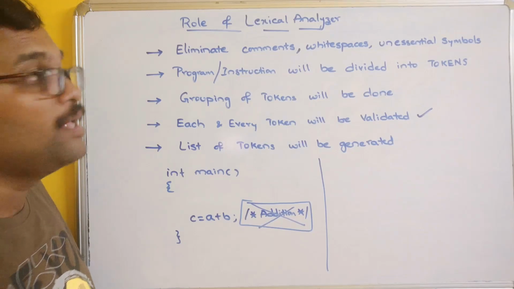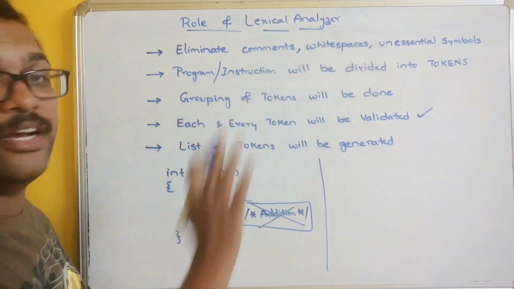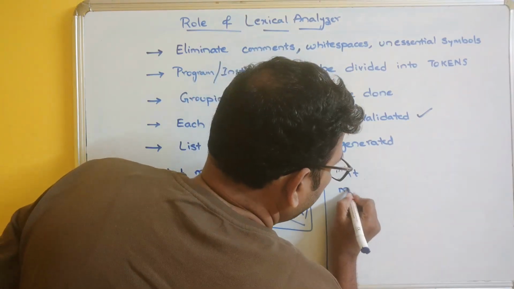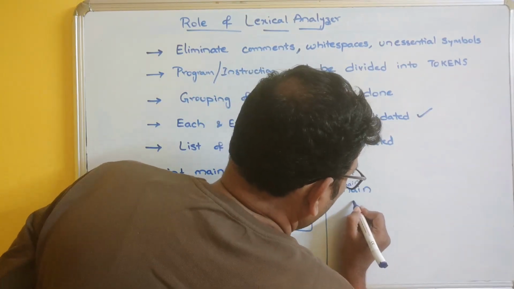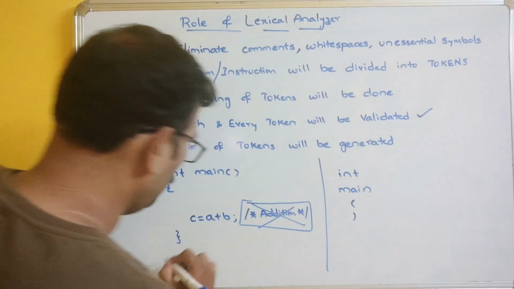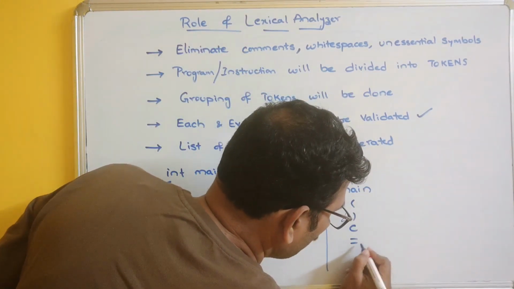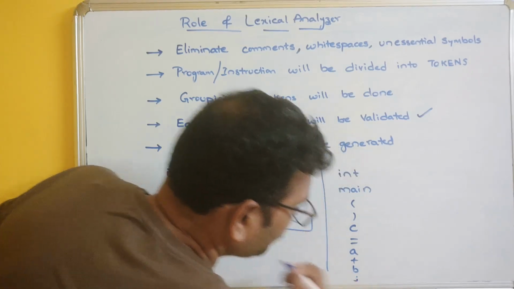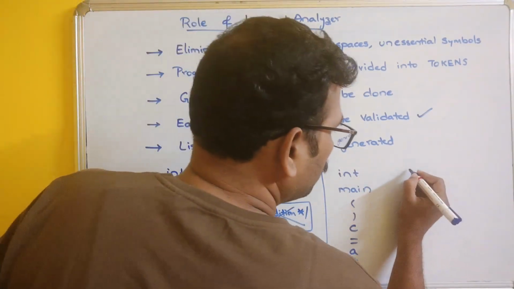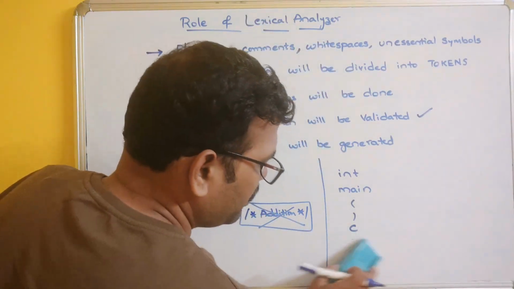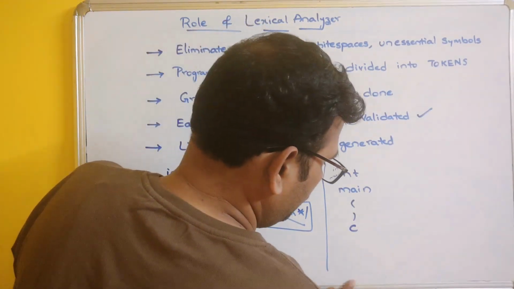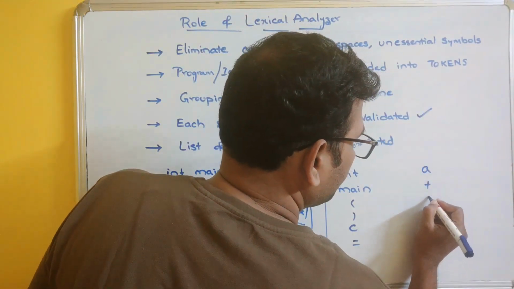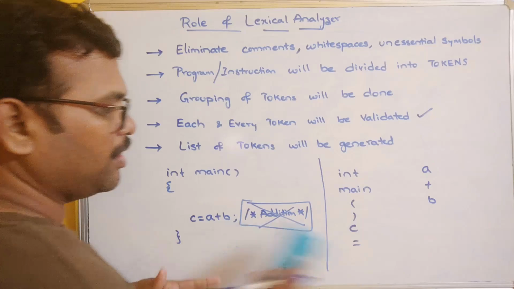The second step: the program instruction will be divided into tokens. What are the tokens here? int, main, open parenthesis, close parenthesis, curly braces, c is equal to a plus b, and also c is equal to a plus b.